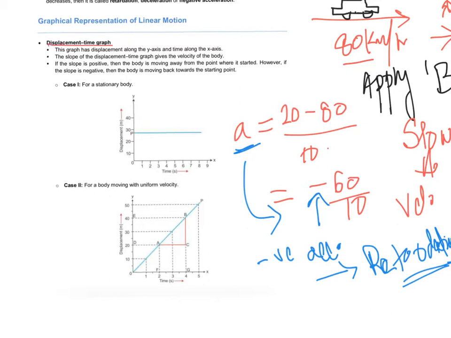On my x-axis I have time, and on my y-axis I have displacement. That means I'm plotting it like we do x-y plotting in simultaneous linear equations in your maths. So as time goes, I'm seeing how displacement is changing.